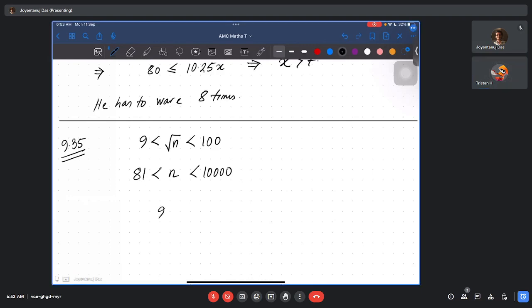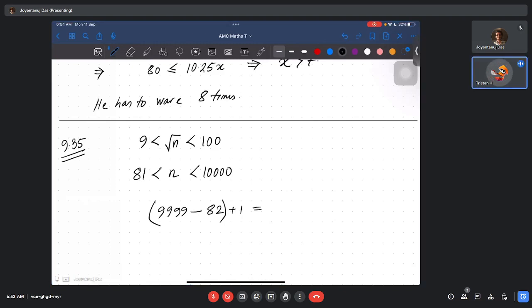Four nines, just four nines, and then minus 82 plus 1 to find the number of positive integers. And that is 9918. That would be the number of positive integers that satisfies the inequality. Right.